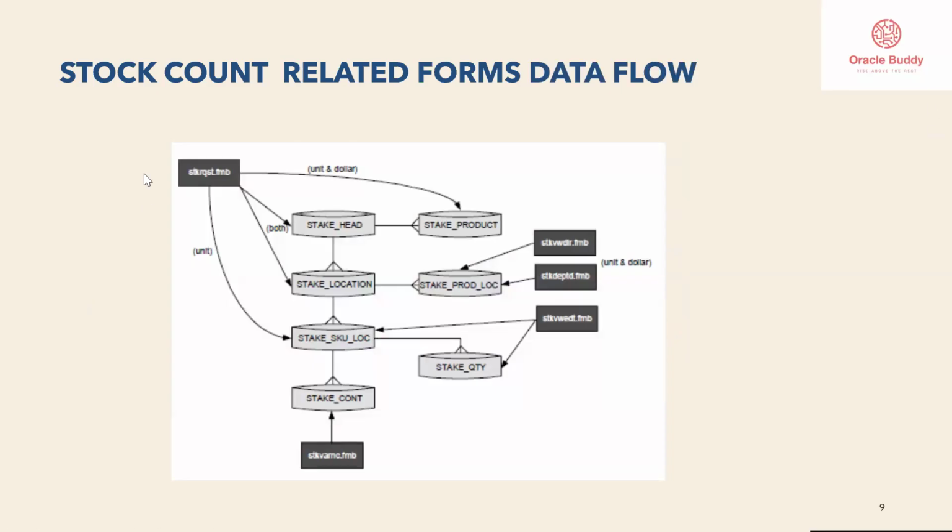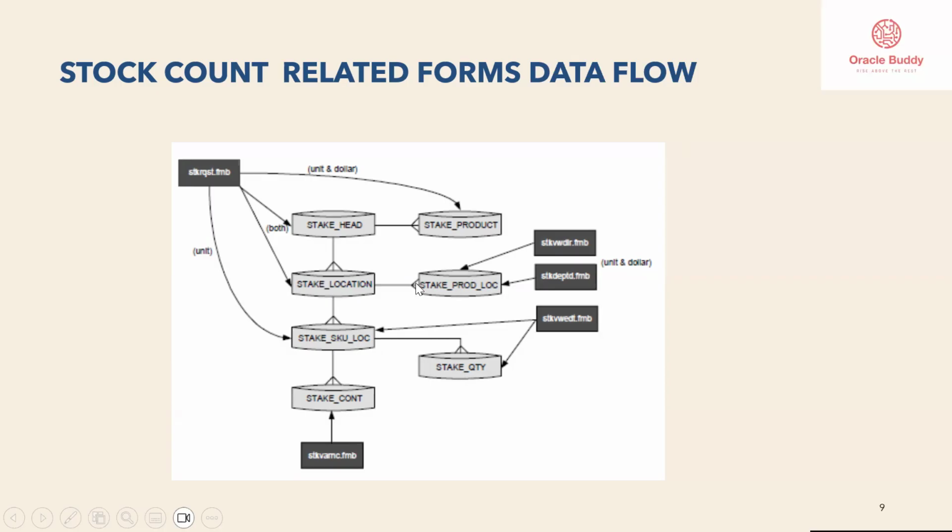Once you request a stock count via stkrequest.fmb, if it is unit, it will update the stake sku log. If it is unit and dollar, it will update the stake product, and it will enter a row for stake head and stake location.